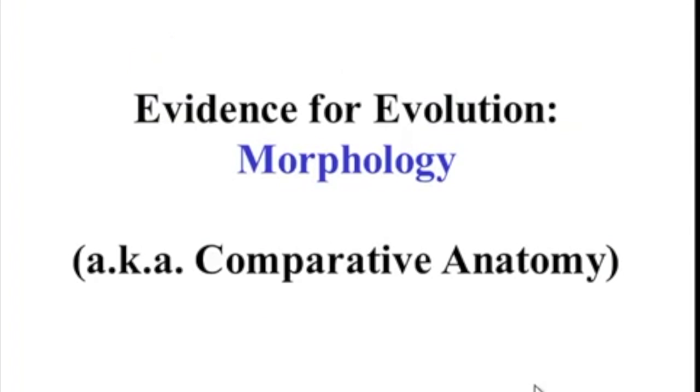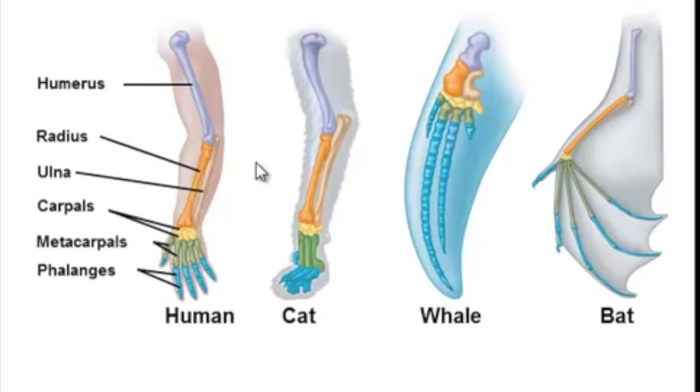In order to answer that question, we need to look at morphology, which is also known as comparative anatomy. Morphology is simply the study of organisms' structures, and one structure that we know well are homologous structures. If you look at the limbs of these 4 different animals, you'll see that internally the structure is quite similar.